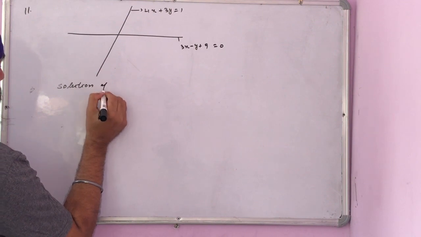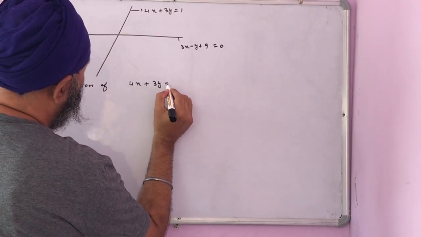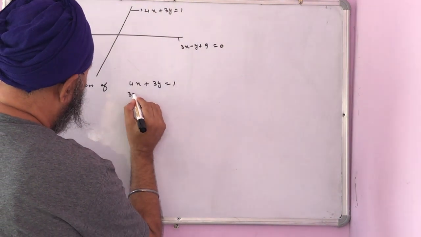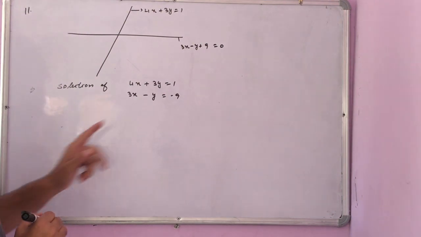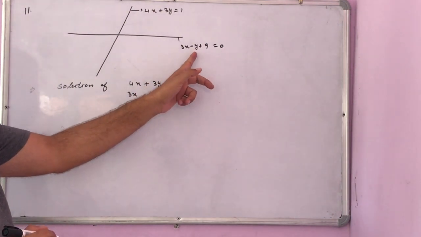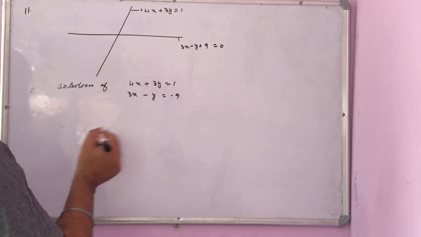Solution of 4x plus 3y equal to 1 and 3x minus y equal to minus 9. I solve them simultaneously.